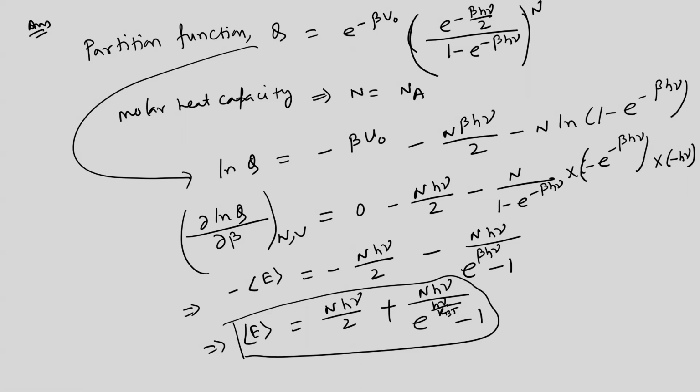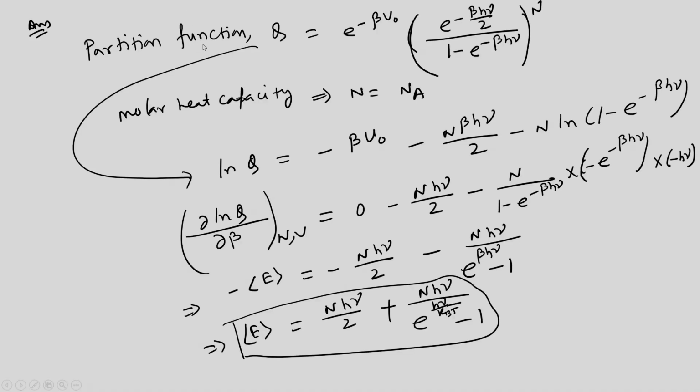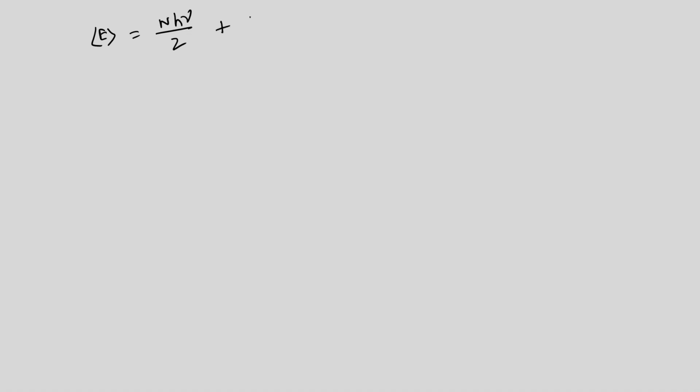Now, we can calculate molar heat capacity by considering n equals N_A. Okay, so the expression for energy we have now is E is n h nu by 2 plus n h nu by e to the h nu by k_B T minus 1.